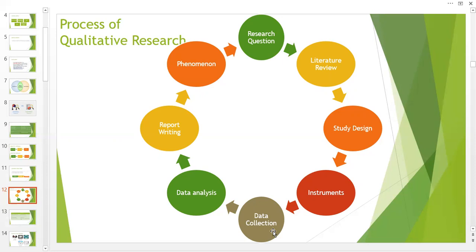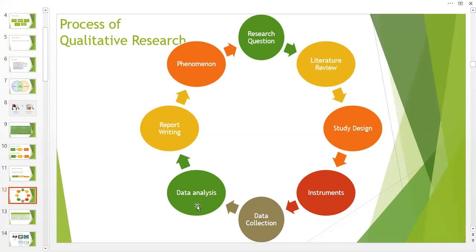Data in qualitative research can be collected from multiple sources. For example, in acid burn victims, we can take data from in-depth interviews, take observations, and look for data and documents simultaneously in one research. Then analysis is done.